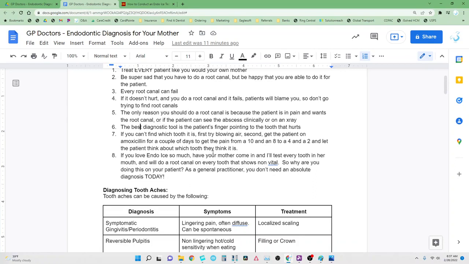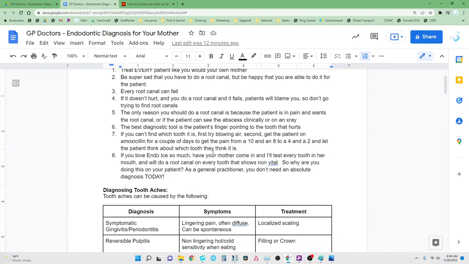If you can't find which tooth it is, imagine this, okay? Patient has 10 out of 10 pain on the lower right. And it's 10 out of 10 on tooth number 30 and 8 out of 10 on tooth number 31. Because it hurts so much, they can't really tell the difference between 30 and 31. So when you go and tap on it, both of them hurt, okay?